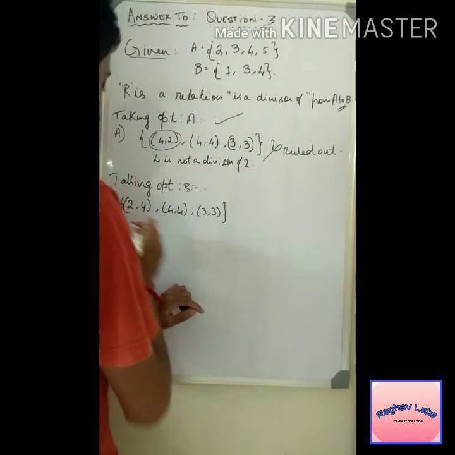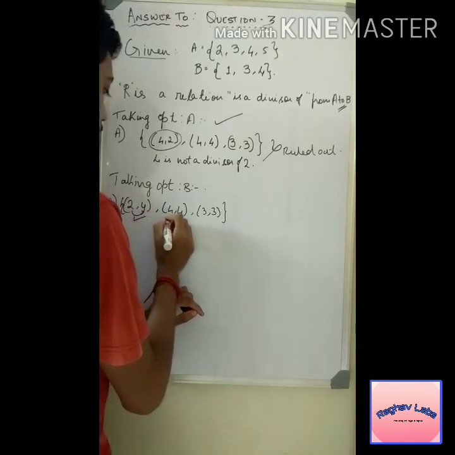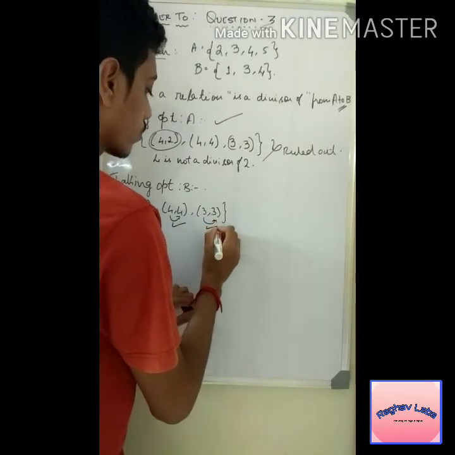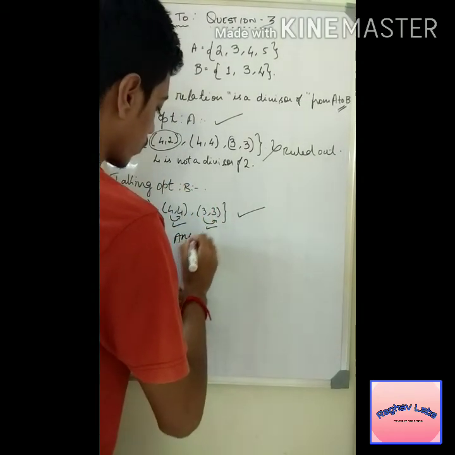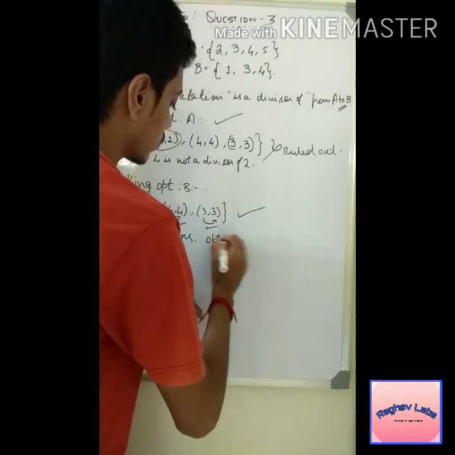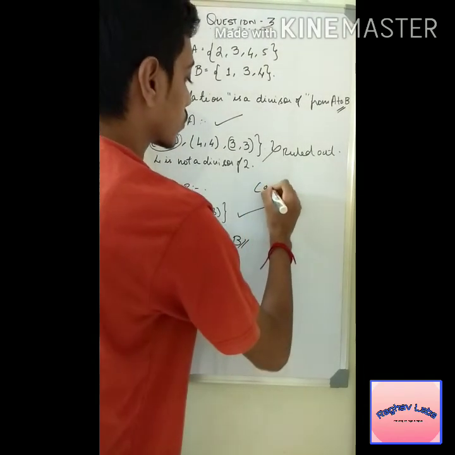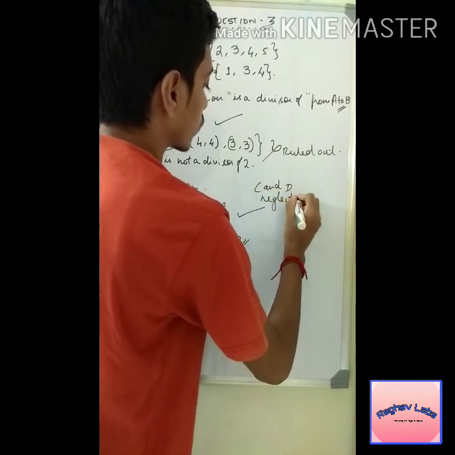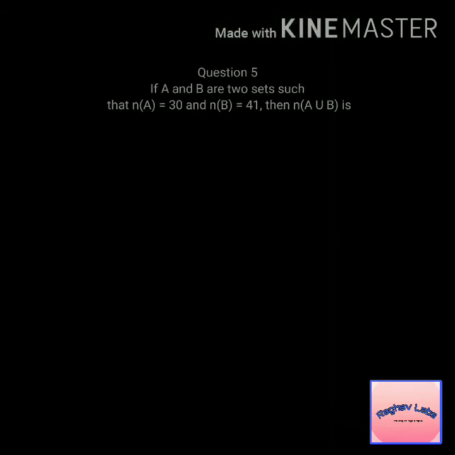Here 2 is a divisor of 4, 4 is a divisor of 4 and 3 is a divisor of 3, right? So option B is the right option. So you can mark the answer blindly as option B by not considering option C or D. So neglect that. It saves time.